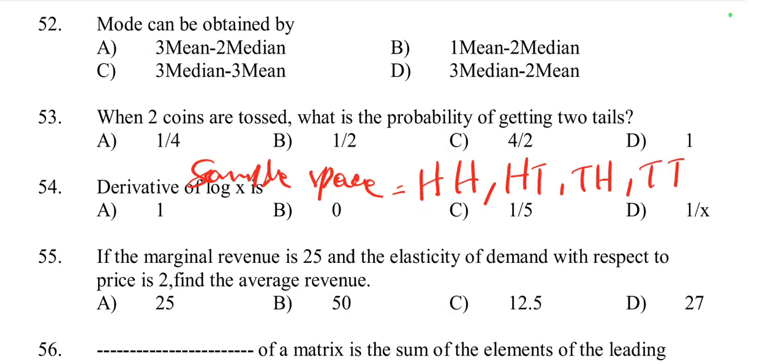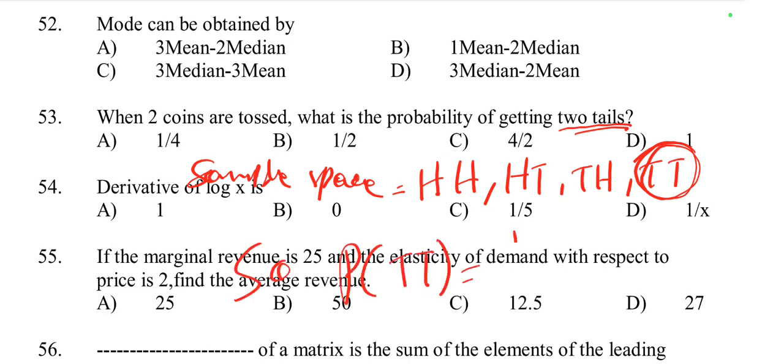To find the probability of getting 2 tails, there is only one such outcome. So the probability of 2 tails is 1 by the total outcomes, 4. So 1 by 4 is the answer. This is given in option A.